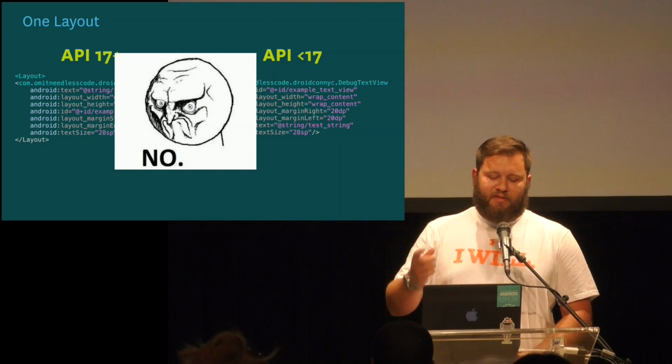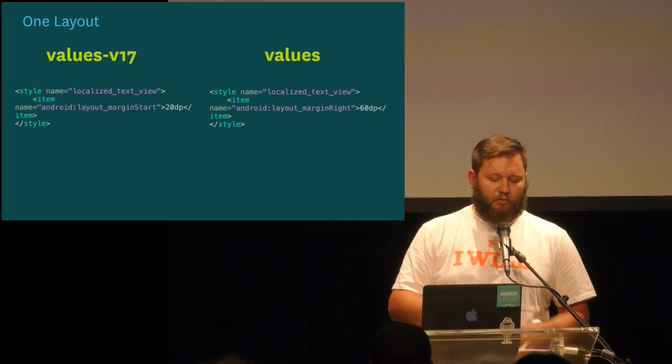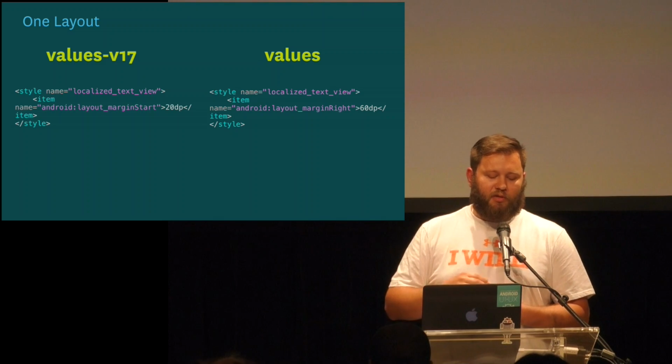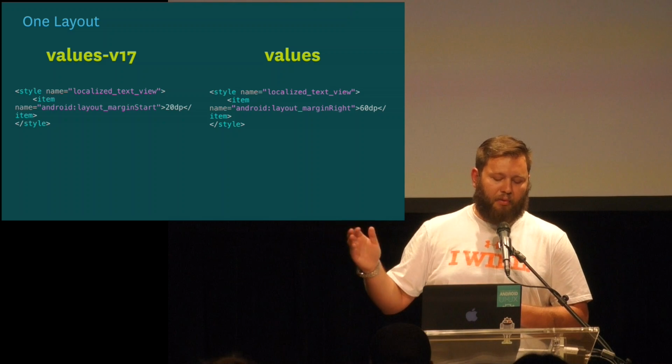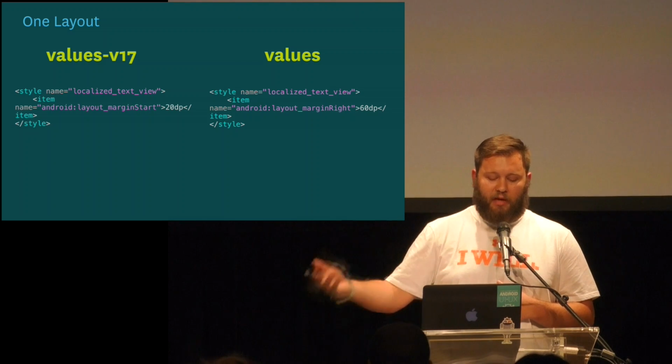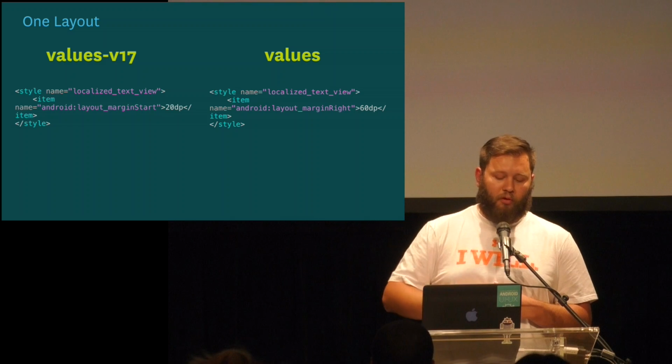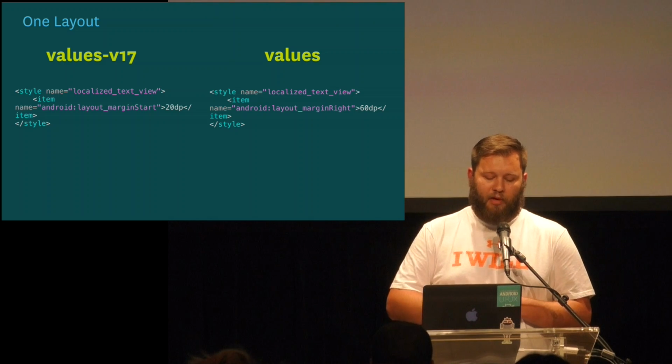So what you should do instead is actually look back to the resource directory. In this case, we can do a resources v17, which will be anything that supports v17 and above, and then the regular standard values folder, which will support anything below v17 or API 17.